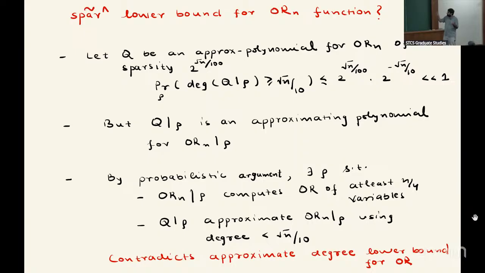Moreover, this polynomial, which should be approximating OR hit with this random restriction, has degree less than root n by 10. So a polynomial of degree less than root n by 10 is computing an OR function on n by 4 variables. This will contradict the degree lower bound for the OR function. We know the degree lower bound for OR is about root n, up to some constant. We can change the constant in the analysis, whatever. But this will contradict the degree lower bound. Okay.